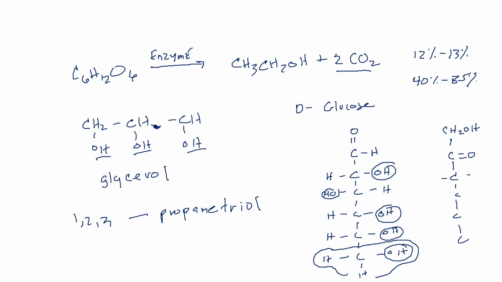And then here I'm going to put an OH group and a hydrogen, and an OH group and a hydrogen, and an OH group and a hydrogen, and then end it just like we did here. I'm just going to write it this way, CH2OH. That's fructose.